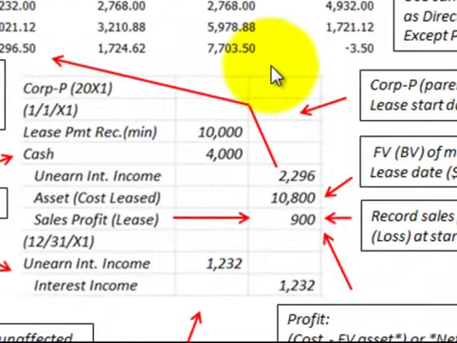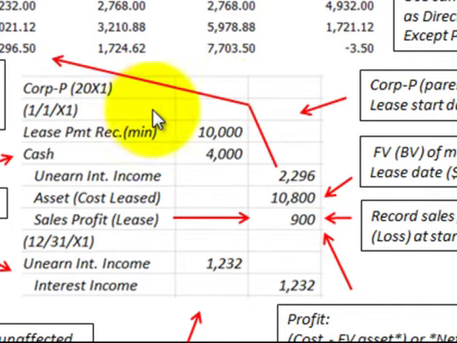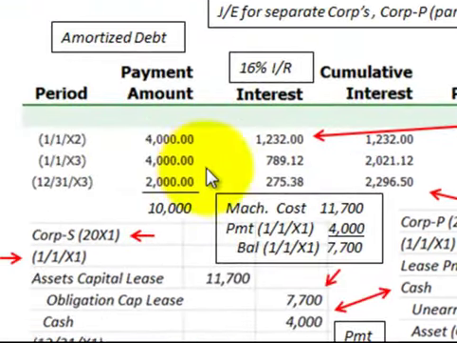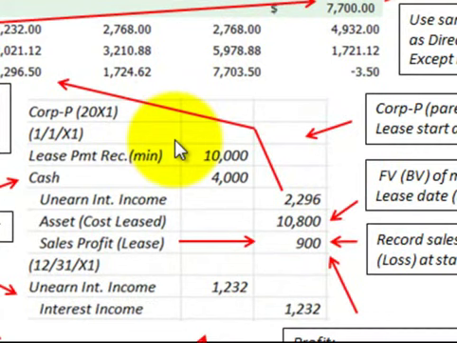Okay, now let's look first at how the parent would record this lease at its inception date, or its start date. So Corporation P, this is for the year 20X1, 1/1/X1. At the lease start date, we have a lease payment receivable of $10,000. If we go up and look, those are the three payments that we're going to receive on this lease, a total amount of $10,000.